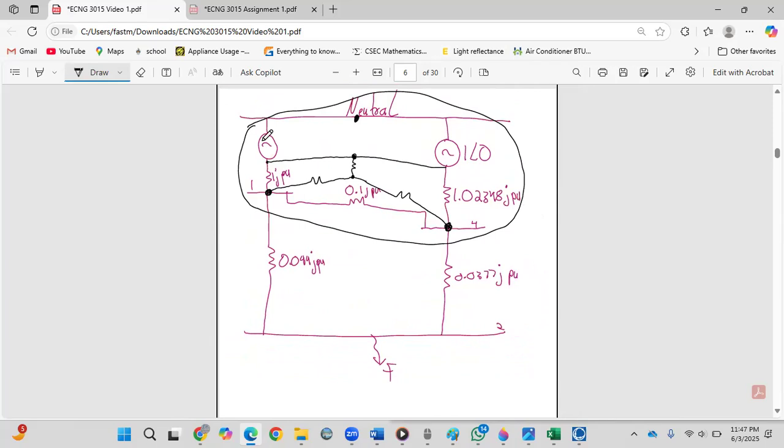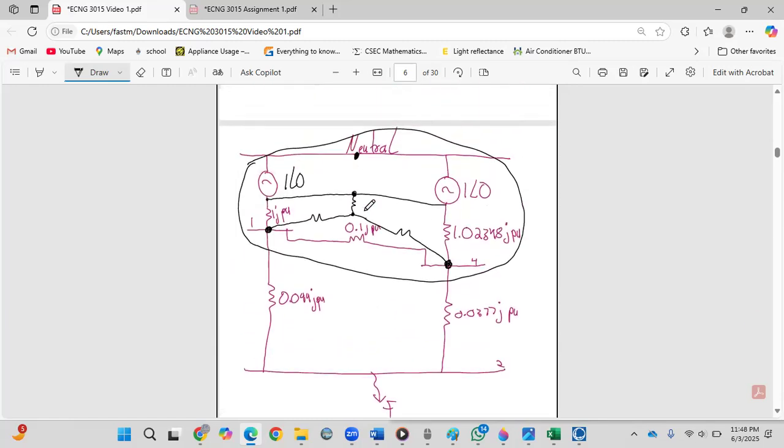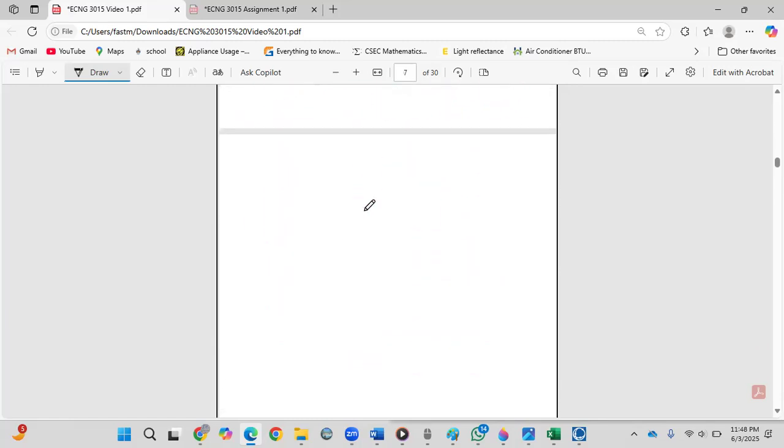Since these two generators are connected to the same bus potential, we could just combine them into one, and here we forgot our 1 angle 0.